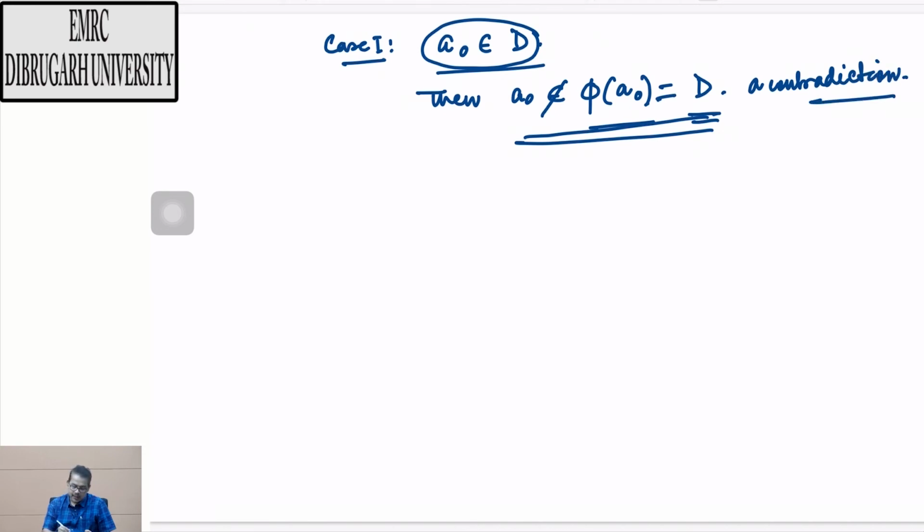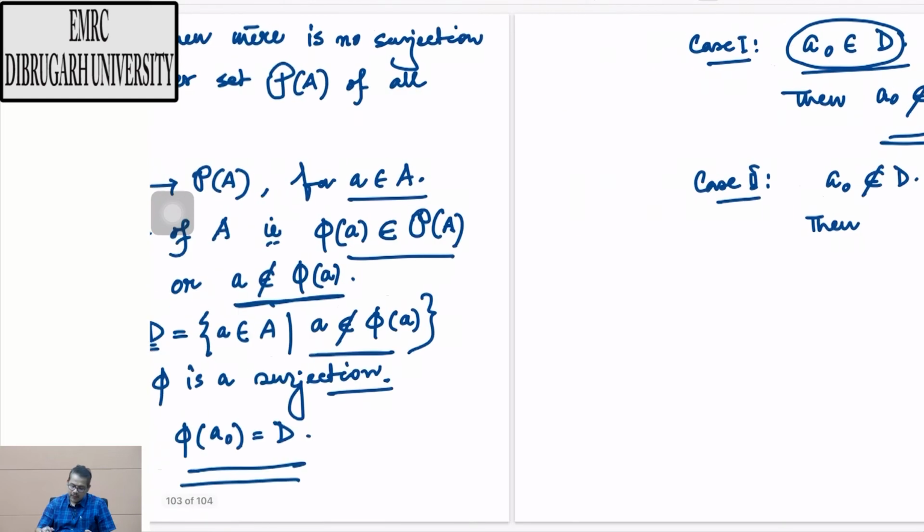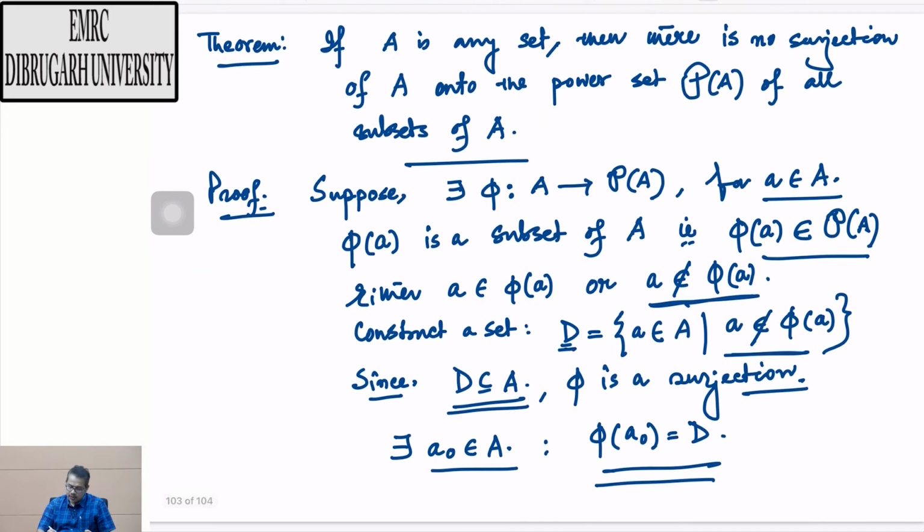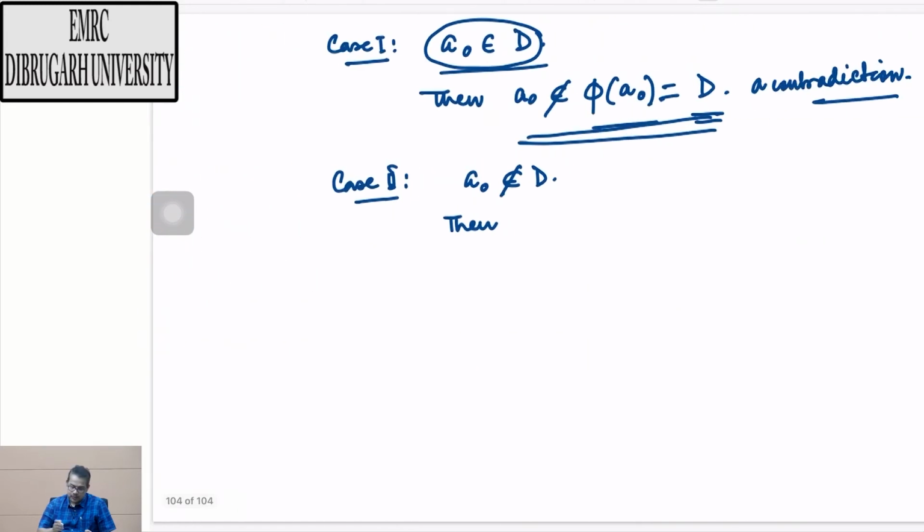Similarly, the second case: A naught does not belong to D. Then by the definition again, A naught does not belong to D means A naught does not satisfy this condition. That means A naught does not belong to phi of A naught is not satisfied. That means A naught belongs to phi of A naught.